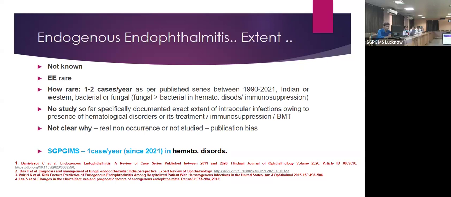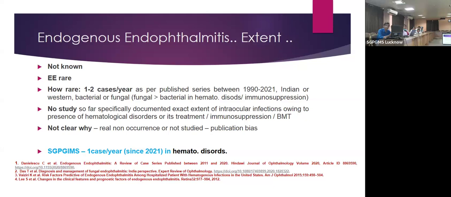And no study has so far specifically documented intraocular bacterial or fungal infection in hematological disorders, or in patients with immunosuppression owing to hematological treatments or post BMT. One thing is still not clear: why this is so rare or why incidence is so low. Whether the disease does not really occur or it is not well studied.